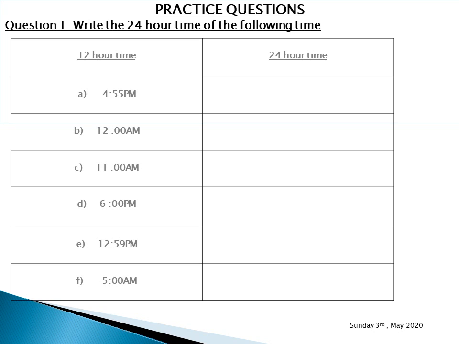For example, A, 4:55 p.m. equal to, then you write the 24-hour time. B, 12 a.m. equal to, then you write the 24-hour time, till you get to F. Okay, so you can now pause the video so that you can answer these questions before you go to the next one.